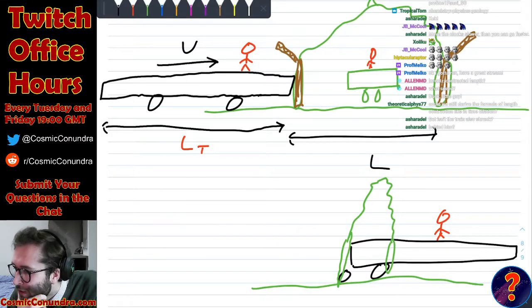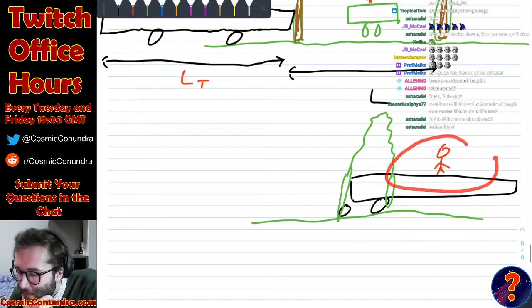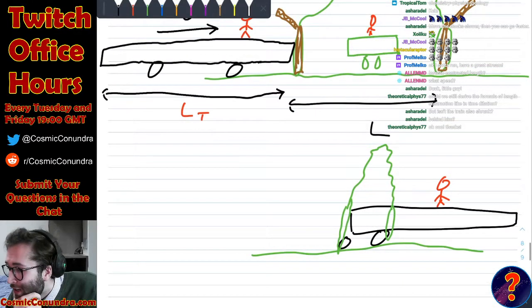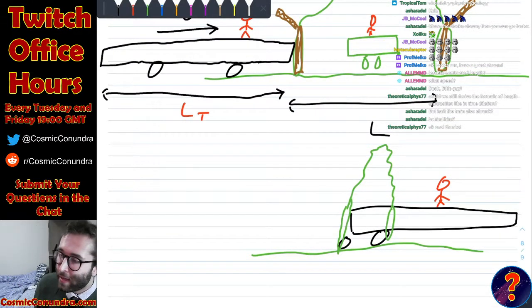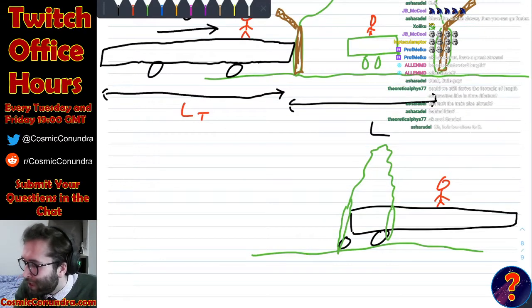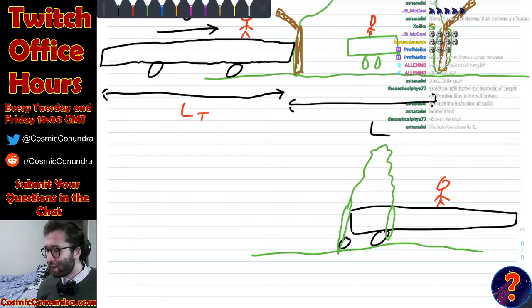Asher Adele says, but isn't the train also shrunk? Not according to the red man. So for the red man, from his perspective, the train is totally still. He's standing on top of it. If you imagine you yourself are in a train that's moving at a constant speed, you can toss a ball up in the air, you can do whatever you like, and you've got no way of knowing how fast the train is going.